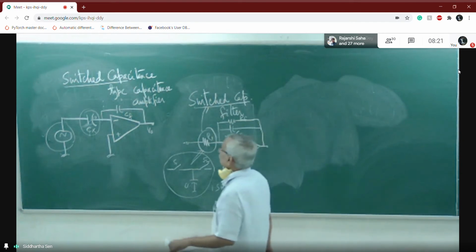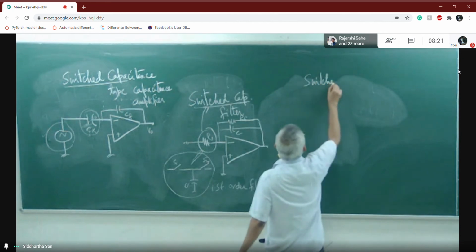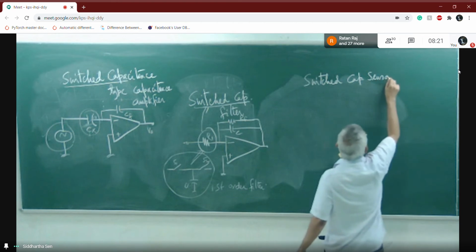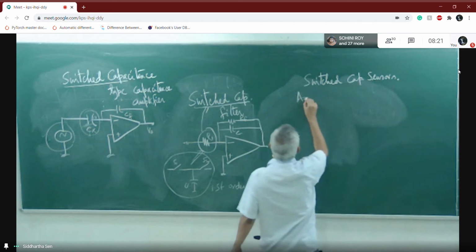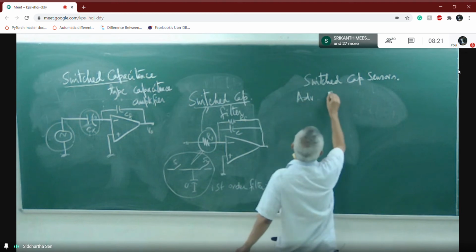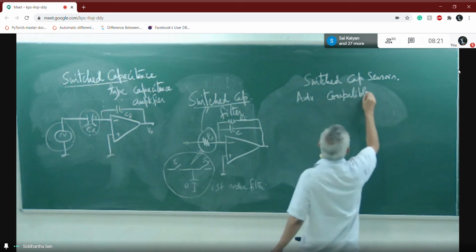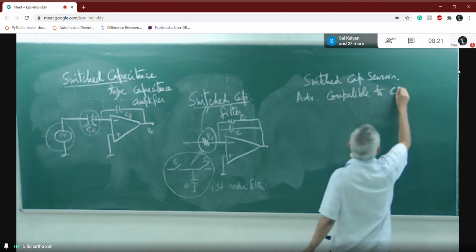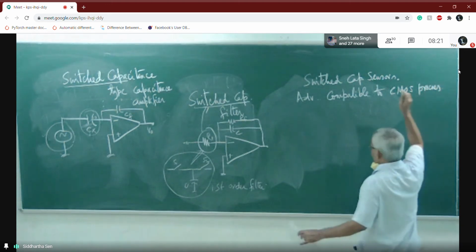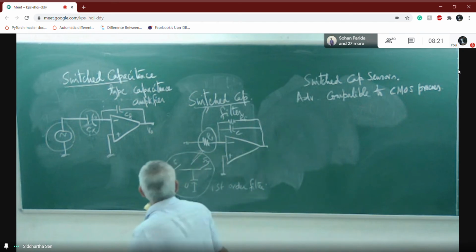And so this switch capacitance, its advantage is that it is compatible to CMOS process. Now all the analog ICs use the CMOS process.